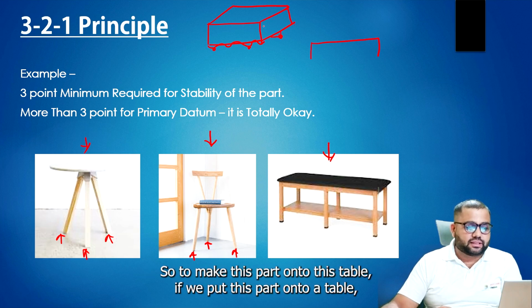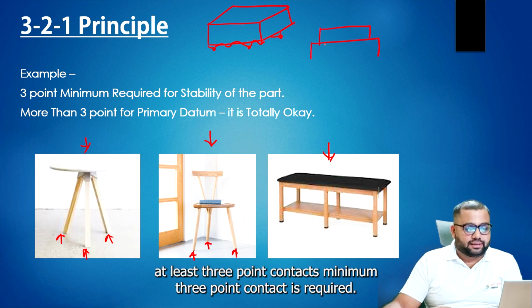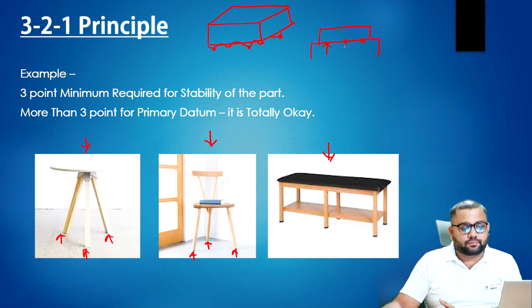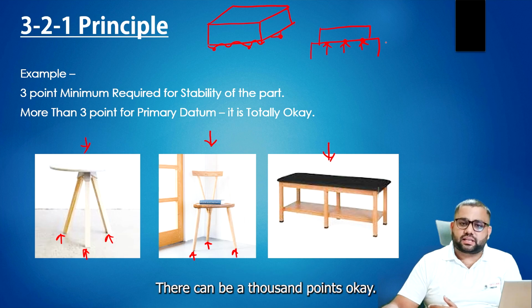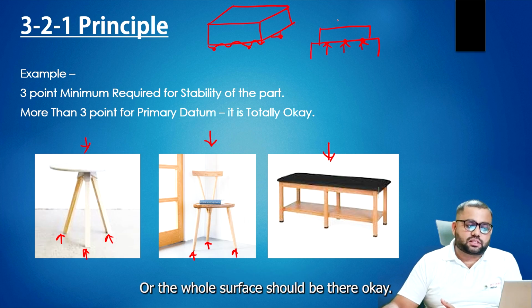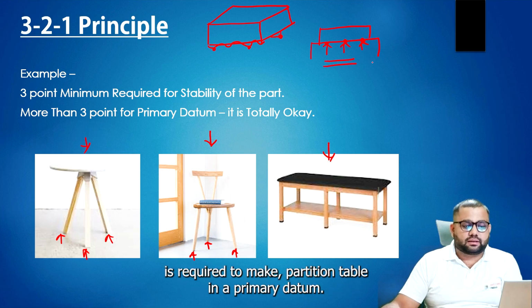To put this part onto this table, a minimum of 3 point contact is required. More than three, there can be 100 points, there can be 1,000 points, or the whole surface. Minimum 3 points of contact is required to make the part stable in a primary datum.